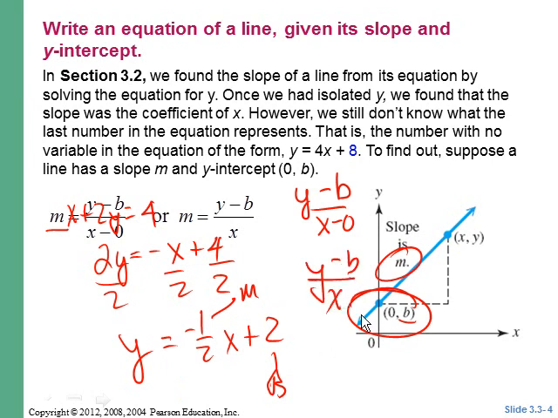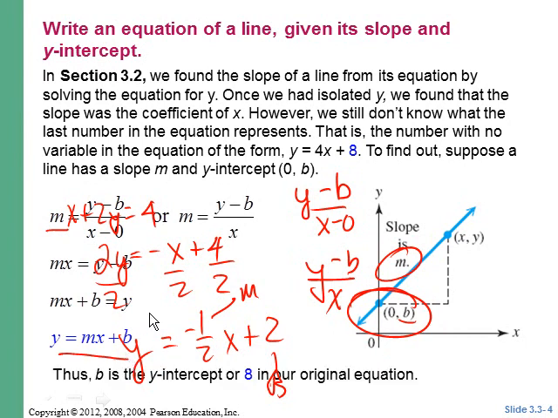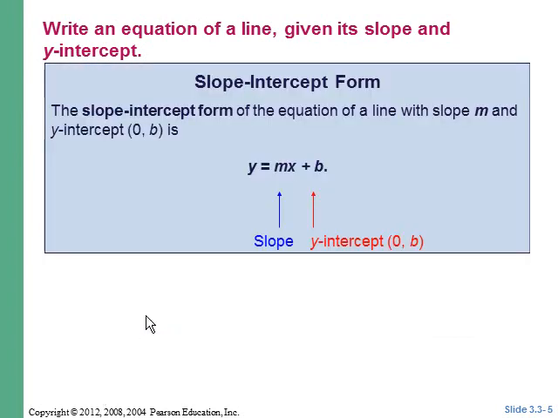Okay? That's a way to do it. Or we could just have y equals mx plus b. So whatever number is in front of the x, the coefficient, is going to be the slope, and then the intercept is the other number.